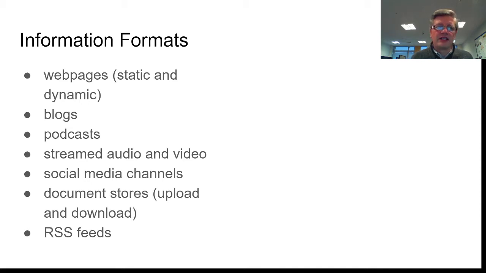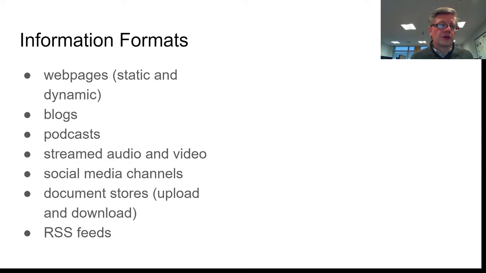We might have RSS feeds. The way these bits of information are formatted is the way it's presented on the web page, such as, is it just flat and static, just text and pictures, or is it more dynamic, like a quiz or an animation or a game?